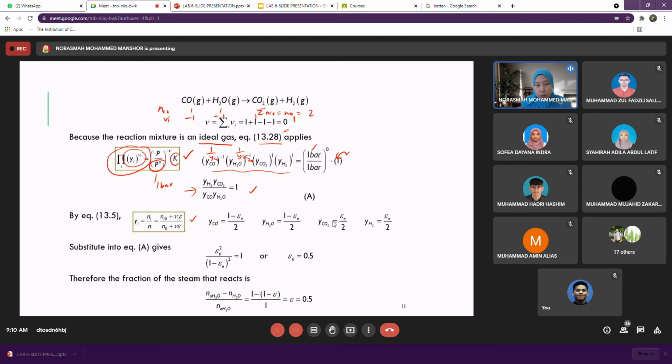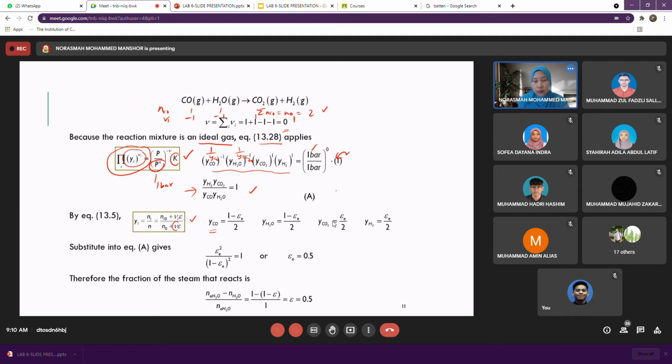Okay, for yCO, its ni naught is 1 and vi is -1, so you get 1 minus epsilon. n naught is the total initial mole, which is 2, so you get 2. The v was 0 earlier, so there is nothing more, just divide by 2.